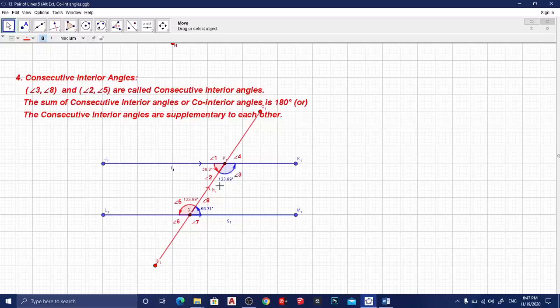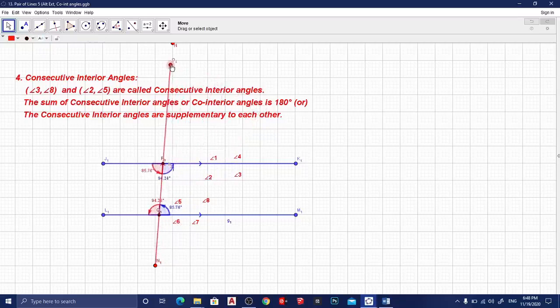So if you observe here, this is 123.69, this is 56.31. If you add these two angles, you will get exactly 180. This also, this 123.69, and this is 56.31. If you add these two angles, you will get again 180 degrees. If I move this like a perpendicular line here, you can easily understand.